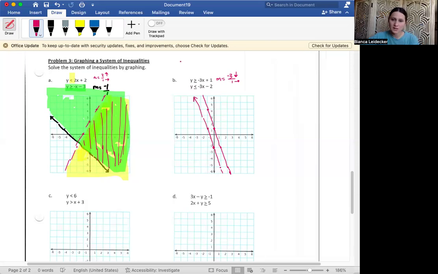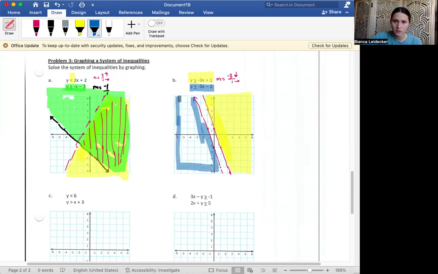Now, let's shade. For our first equation, it says greater than or equal to, so to the right, and that's over here. The next one, I'm going to shade with blue, and it's less than or equal to, so it's going to be to the left or below.